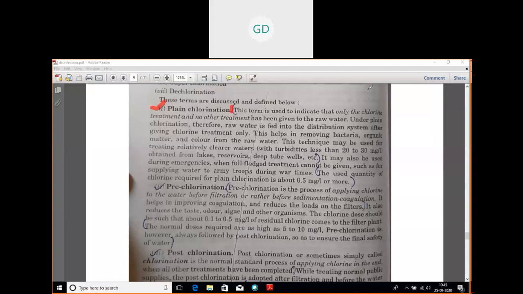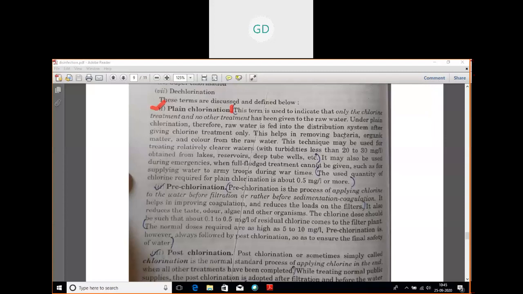That means only chlorine is added to that water. So when only chlorine treatment is given and no other treatment is given to that water, it is known as plain chlorination.